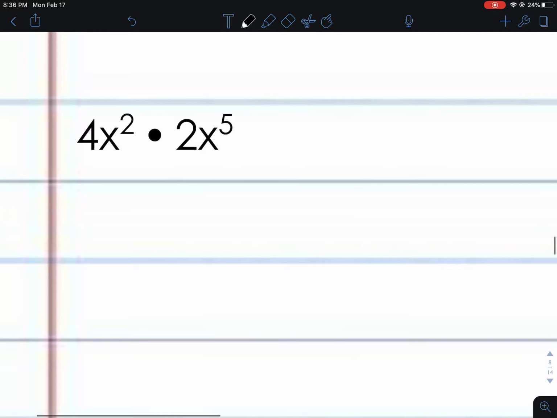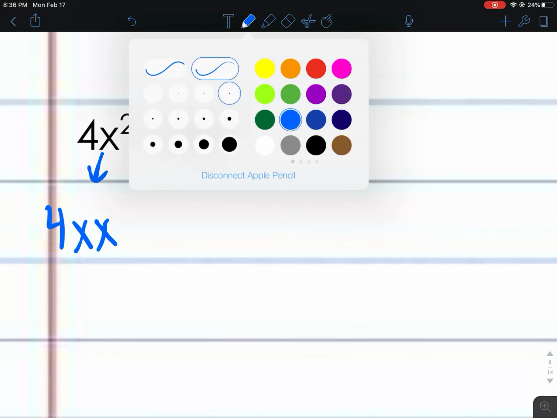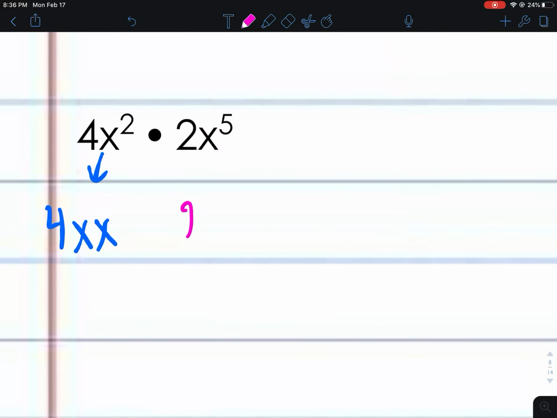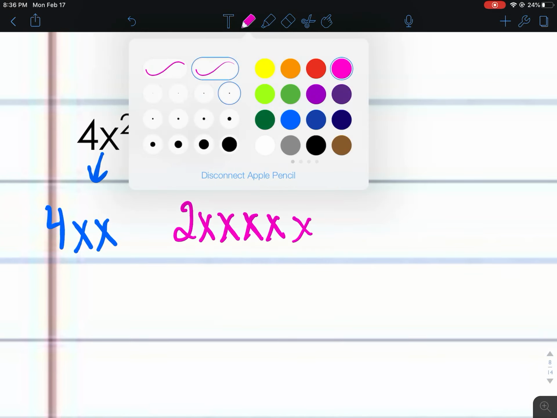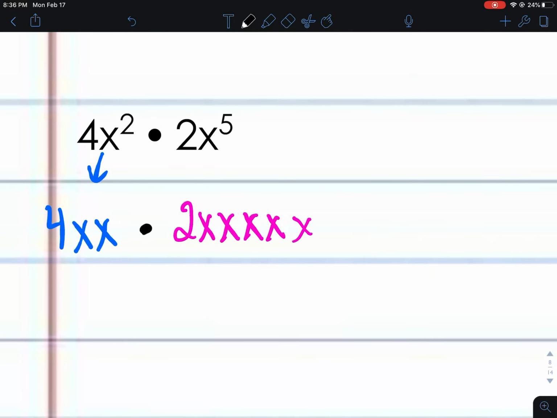Anyway. Okay, what about when we have coefficients? So this would be like 4xx, and then we have 2, 1, 2, 3, 4, 5. So in this case, let's just look at our x's first.